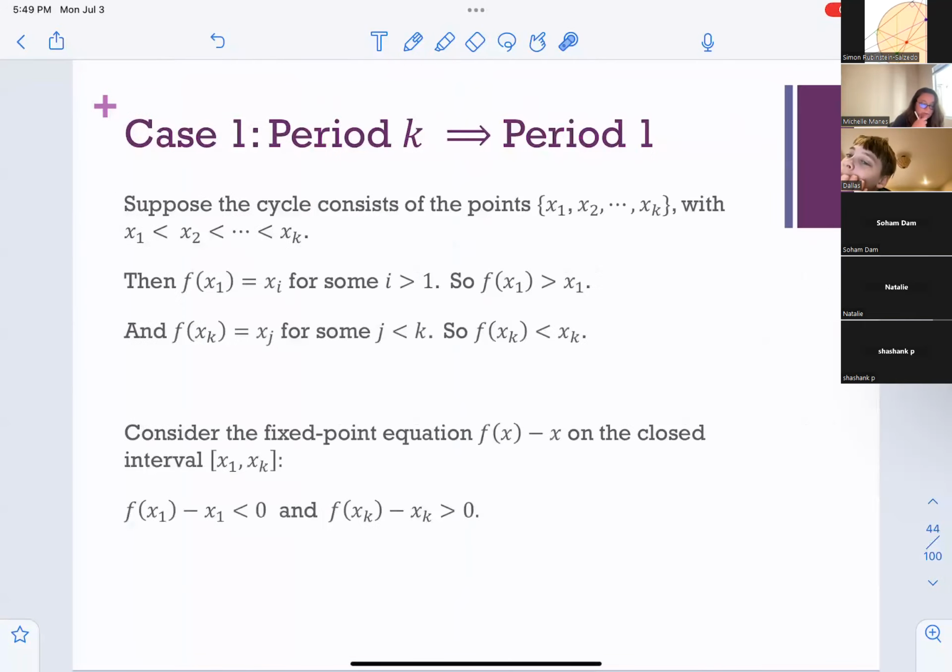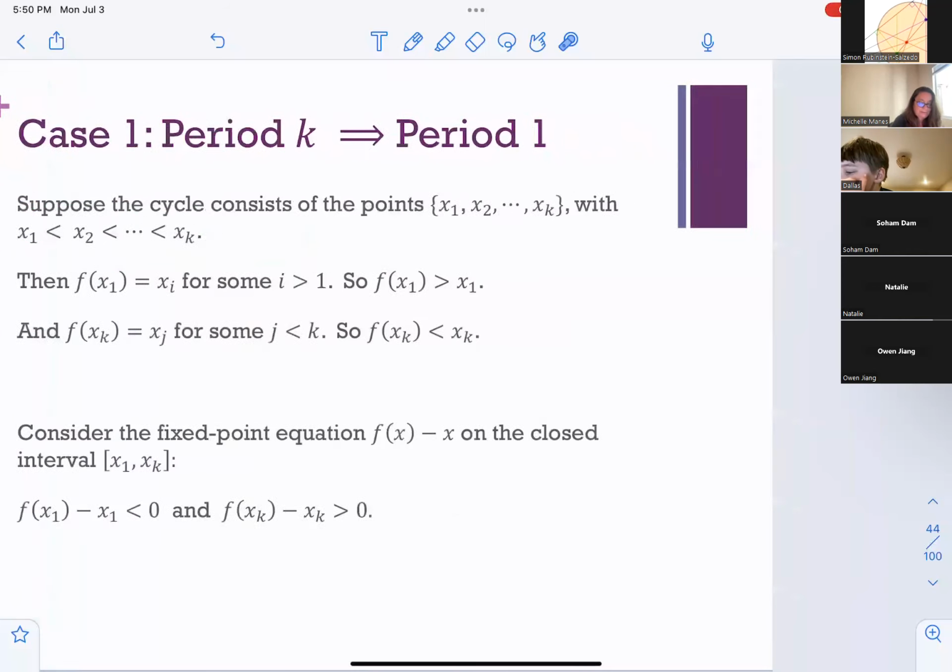And now I just use the intermediate value theorem. Since f of x1 minus x1 is positive, and f of xk minus xk is negative, somewhere in between I must have f of x minus x is 0. And that's a fixed point for my function. So somewhere in between x1 and xk, I have a fixed point.